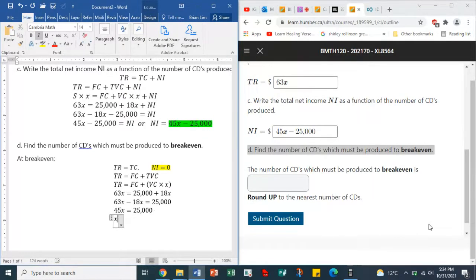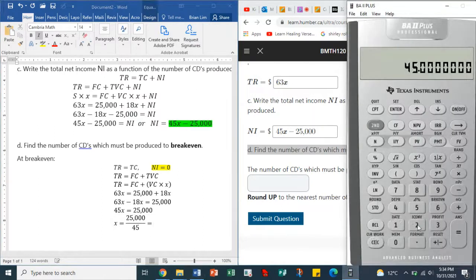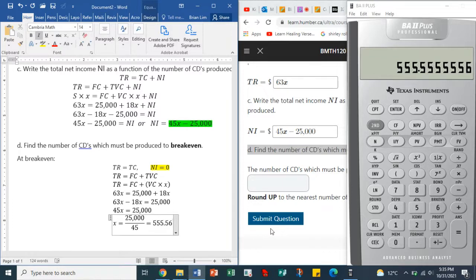So x is equal to what? Well, we can take the 25,000 and divide by 45, and our calculator would give us 555.5 and so on.